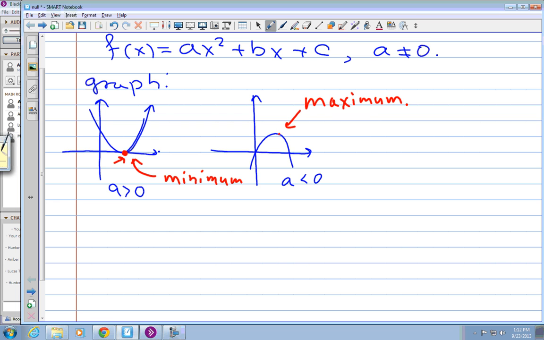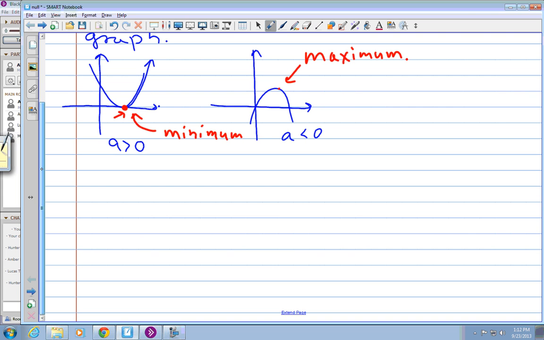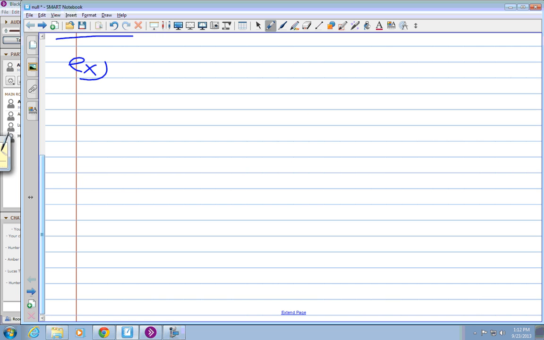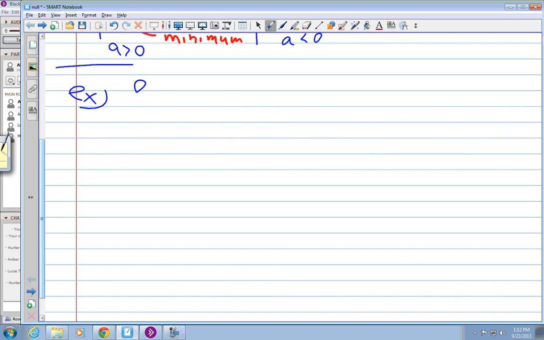Okay? And how can we determine whether a parabola opens up or down? What can tell us right away? Yeah, positive or negative in front of the x squared. Good. So, for example, if I just ask you whether this function has a maximum or a minimum, and I write something like this, you'll say it has a maximum, right?